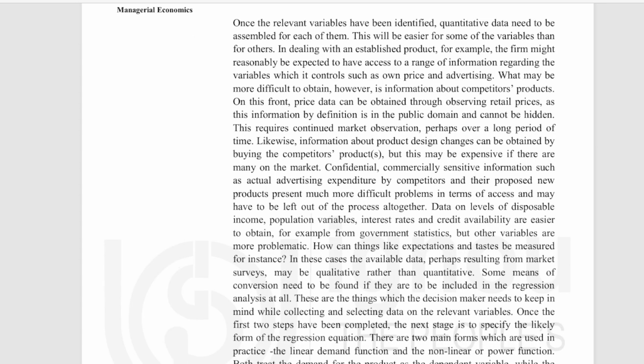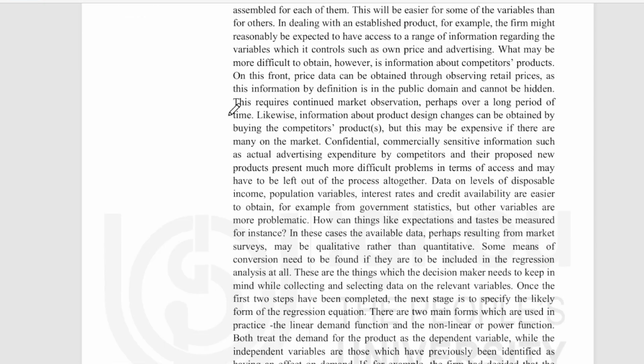What may be more difficult to obtain, however, is information about competitors' products. On this front, price data can be obtained through observing retail prices, as this information by definition is in the public domain and cannot be hidden.